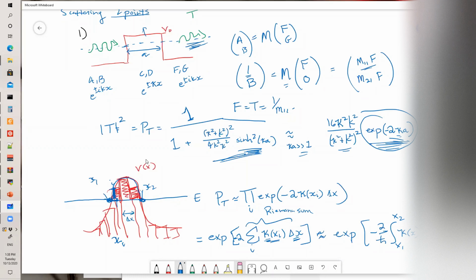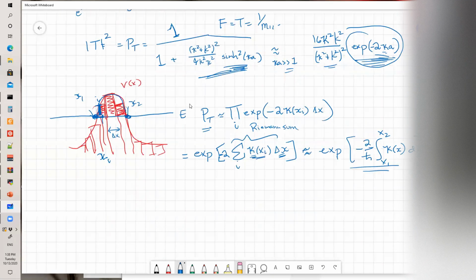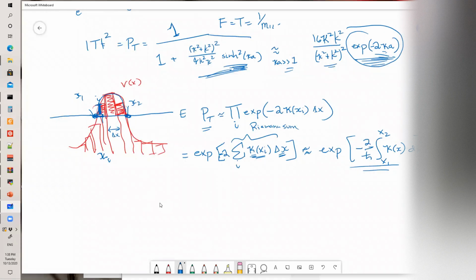And so a pretty good approximation to the transmission probability for an arbitrarily shaped barrier is this exponentiated integral of kappa. And this has lots of nice applications to things like nuclear decay.